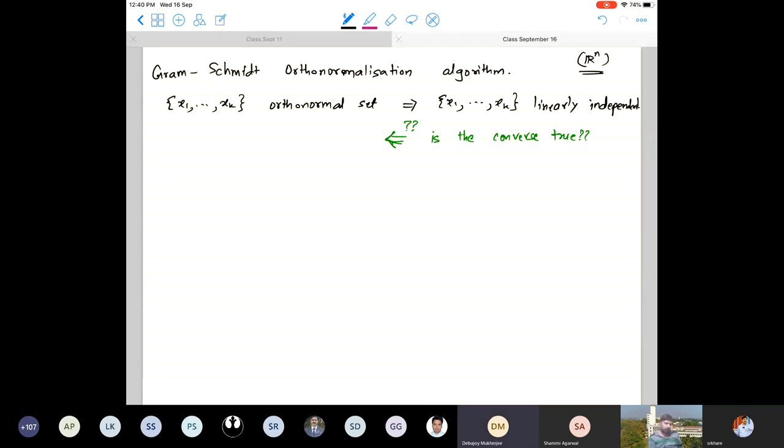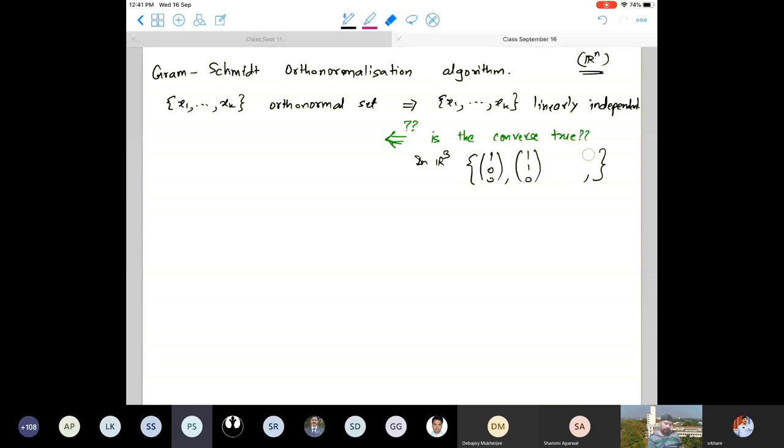Because you can provide a counterexample. The simple counterexample in R3: 1 0 0, 1 1 0 and 1 1 1. Is this set linearly independent? Yes. But is it orthonormal? No, it is not.